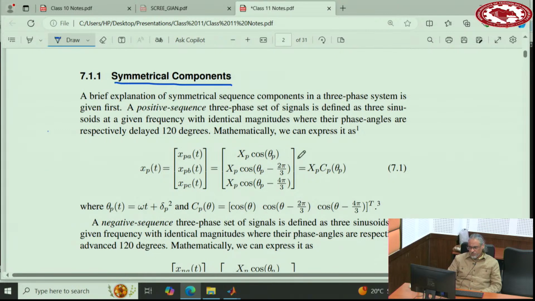A positive sequence waveform is like this: three sinusoidal functions with the same magnitude and same frequency. The phase angle of phase B is 120 degrees behind phase A, and the phase angle of phase C is 120 degrees behind phase B. So it's called phase A, phase B, phase C.